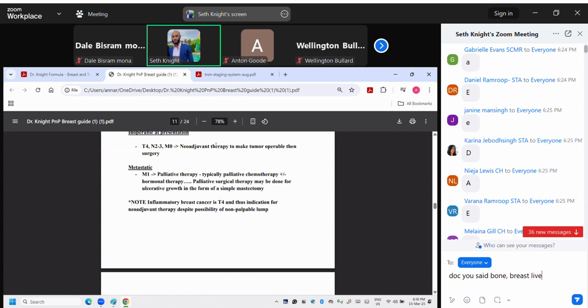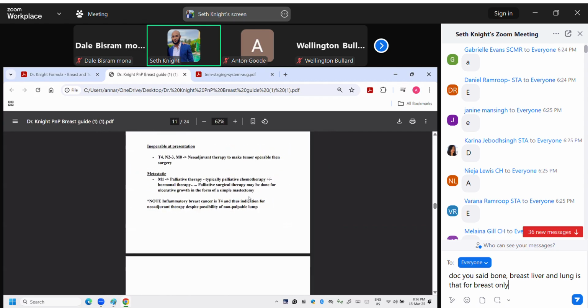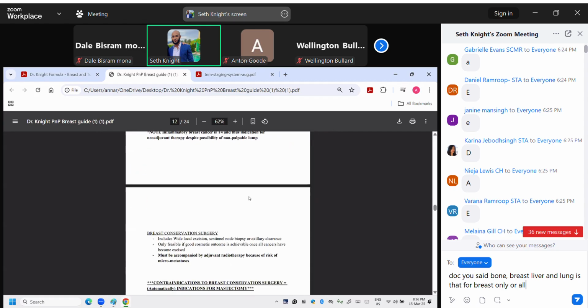That is before surgery, to make the tumor more operable. So we downstage it by giving neoadjuvant before surgery to make it smaller so that we can do surgery. And then after that, we can do adjuvant therapy, which is after surgery or post-operatively. Any other questions, guys?